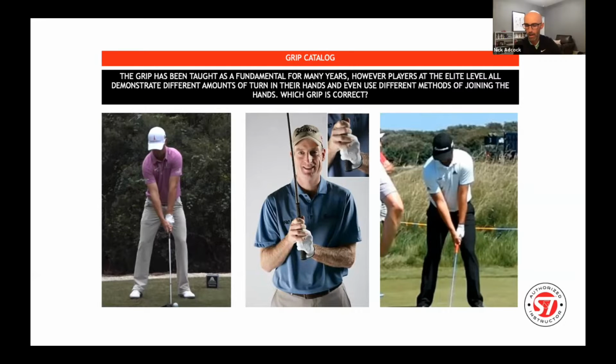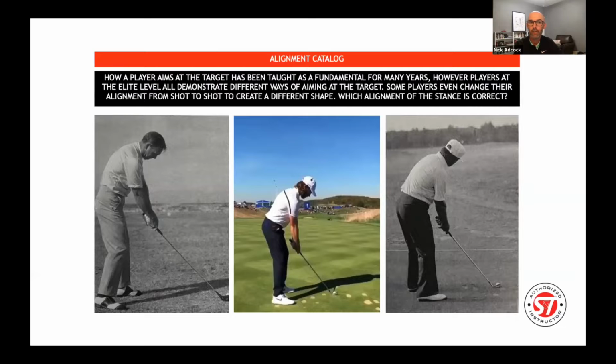Absolutely. So we talked about grip, stance, posture, ball position. Another category here would be alignment. Square alignment has been taught for years and years. It's the go-to, obviously. However, we have Arnold Palmer on the left-hand side aiming right to hit his hook. On the right-hand side, we have Lee Trevino aiming left to hit his fade.